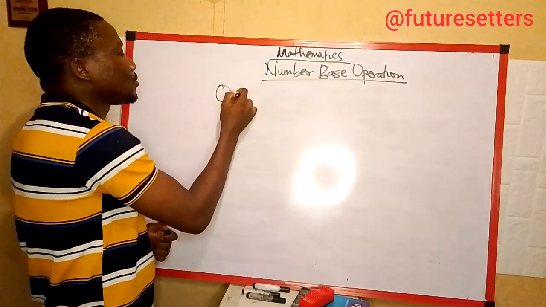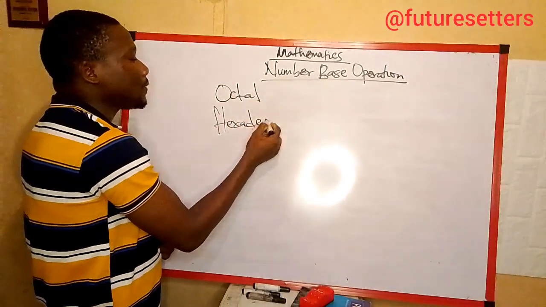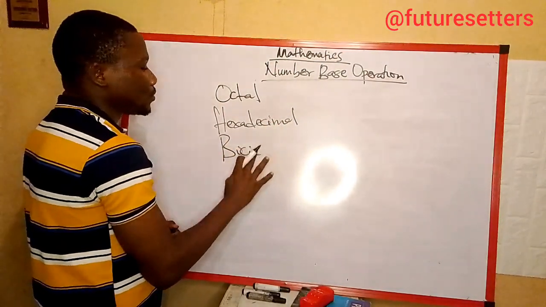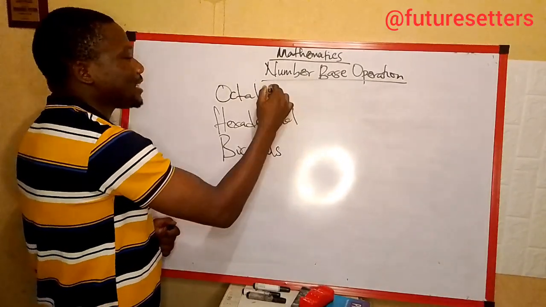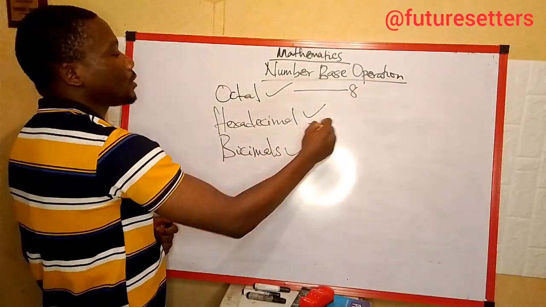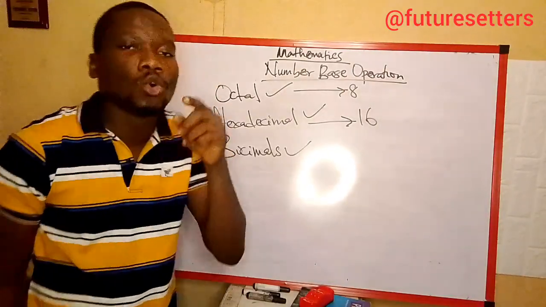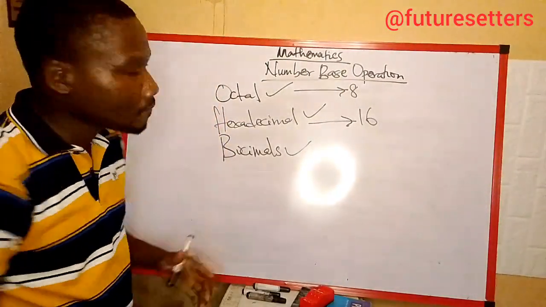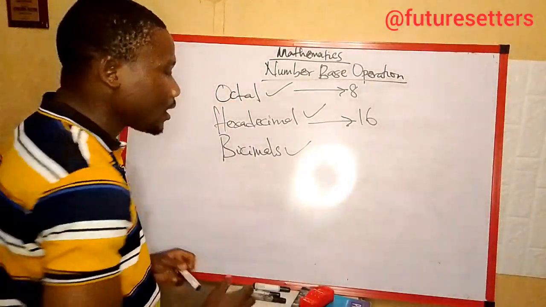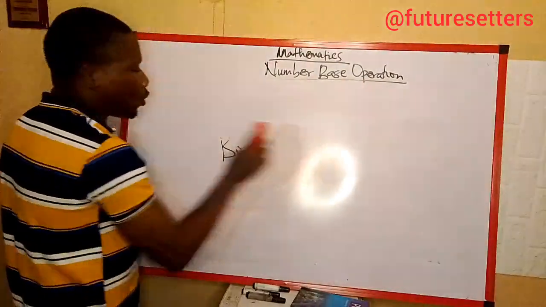We have octa, which is base 8, we have hexadecimal, which is base 16, and we have decimal, which you will get to know very soon. And we also have other bases as well.